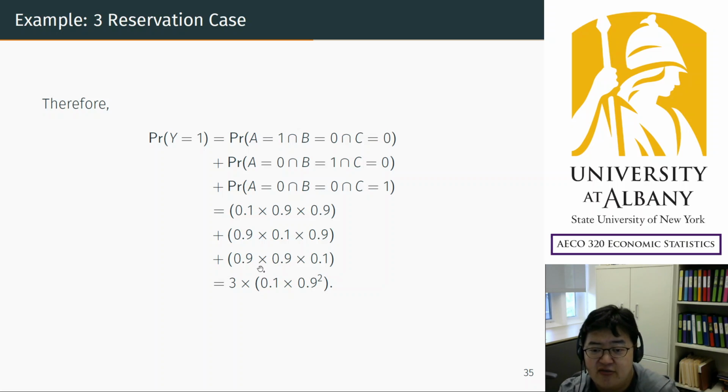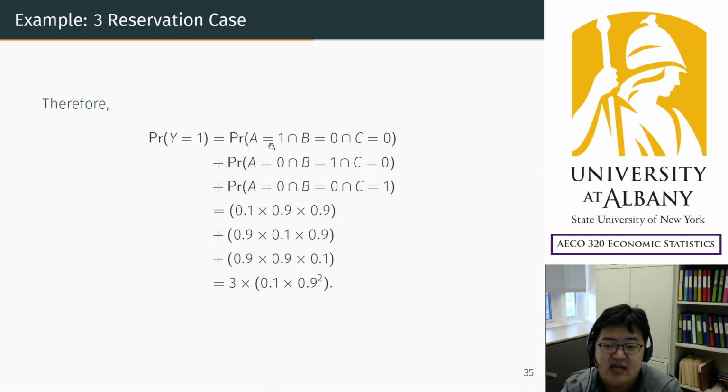So again, the 3 cases have the same probability. Each of the 3 cases has the same probability, so we do not need to calculate each of them. If you understand there are 3 possible cases, you don't need to consider each of them, but just multiply 3 after calculating a single probability. And the single probability consists of 0.1 and 0.9 twice.